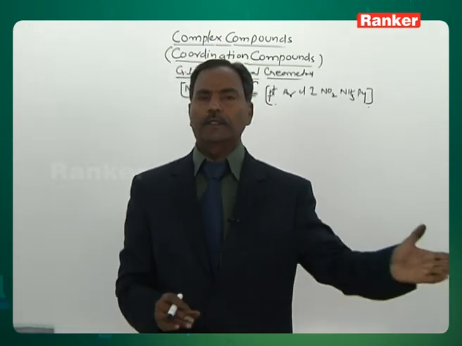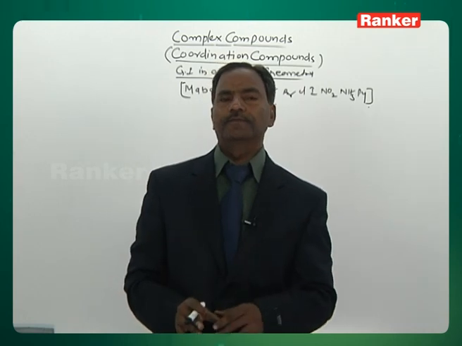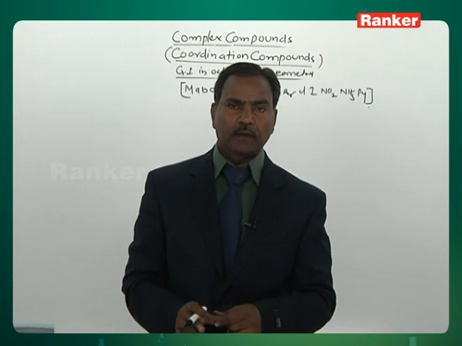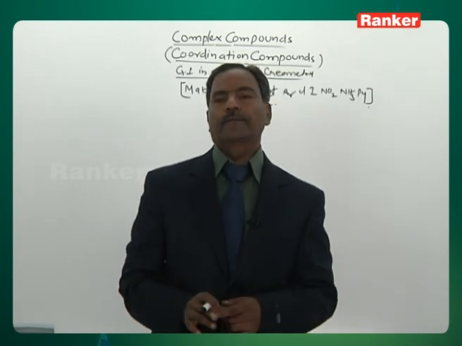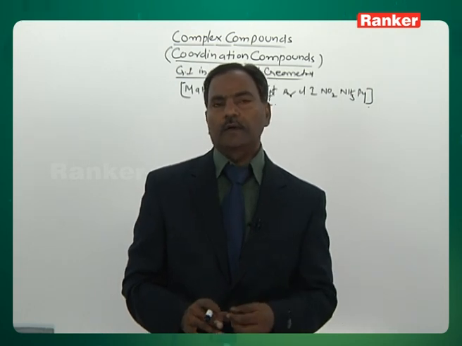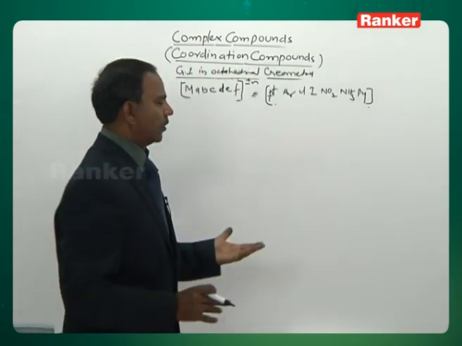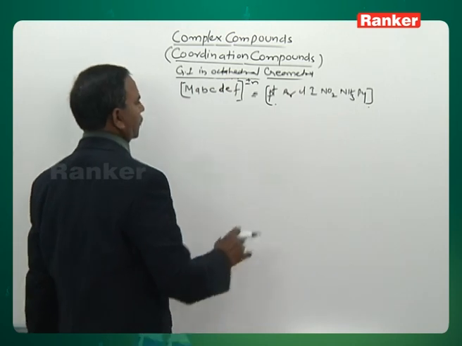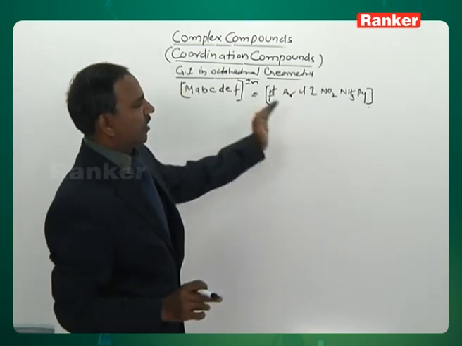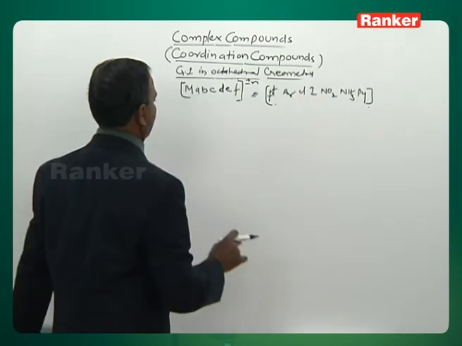But writing about all the 15 is not that easy. How are the 15 possible? Out of these 15 geometrical isomers, 12 are cis isomers and the remaining 3 are trans isomers. Just let me show on the board how these are possible, giving rise to 15 isomers. First, we will take one isomer.